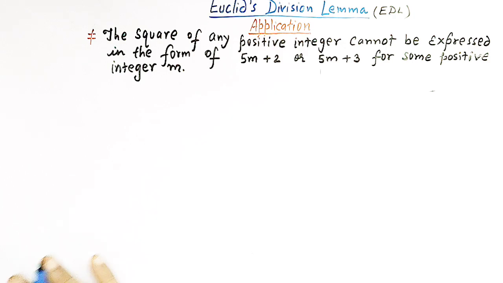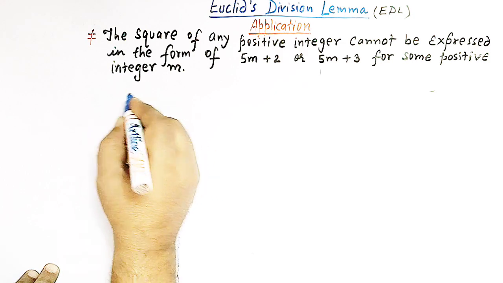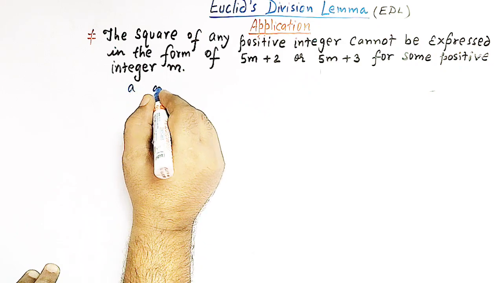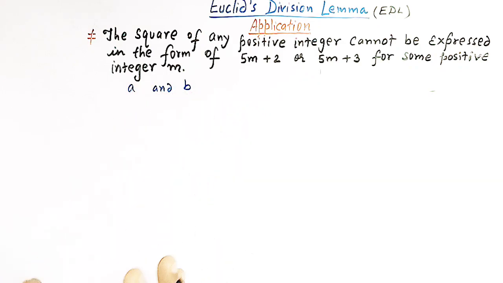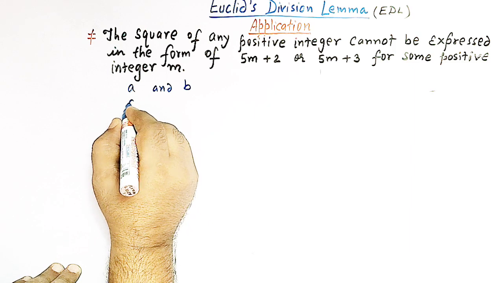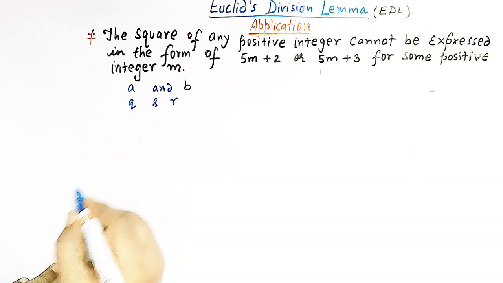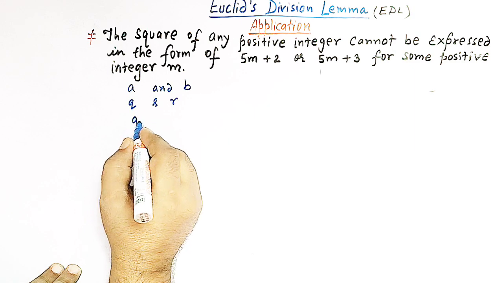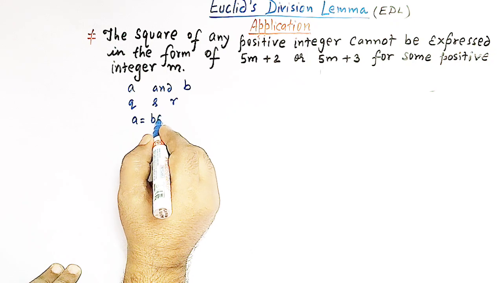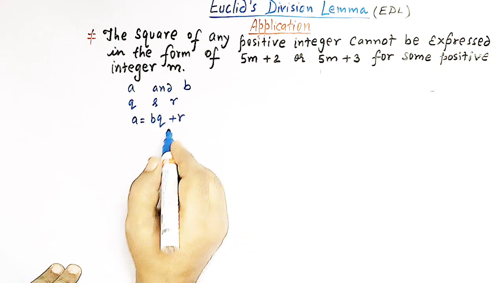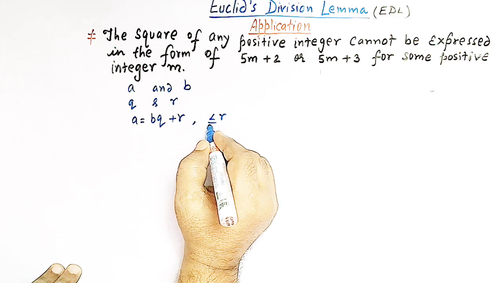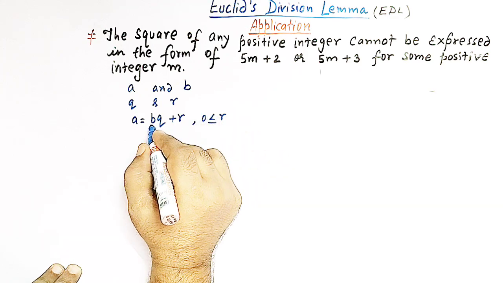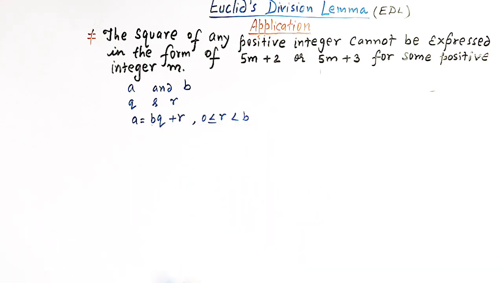Euclid's division lemma states that for any two positive integers a and b, there exist unique whole numbers q and r such that a is equal to bq plus r, where the condition on r is given by r greater than or equal to 0 but less than b, right?